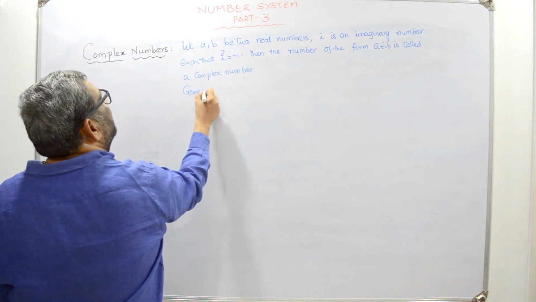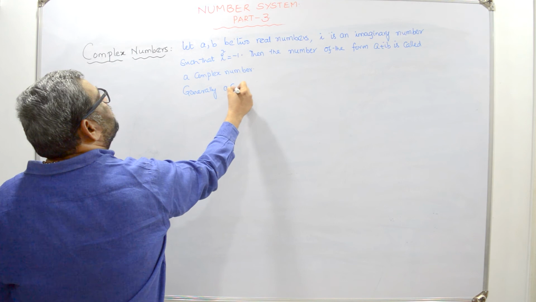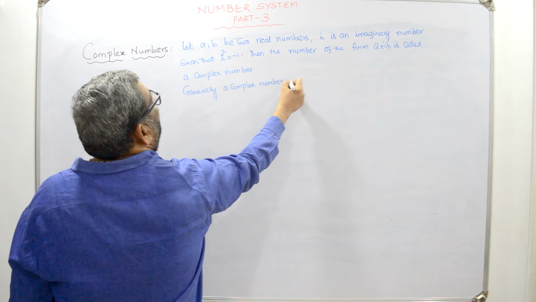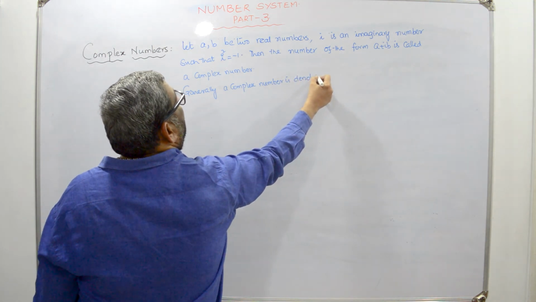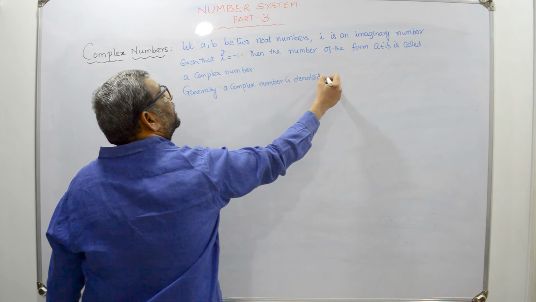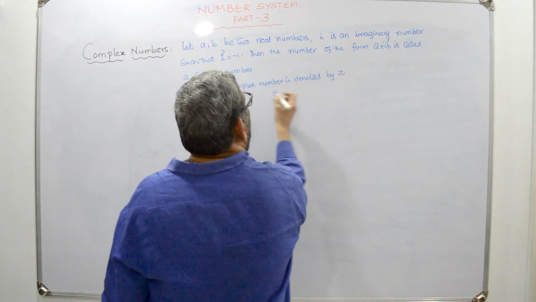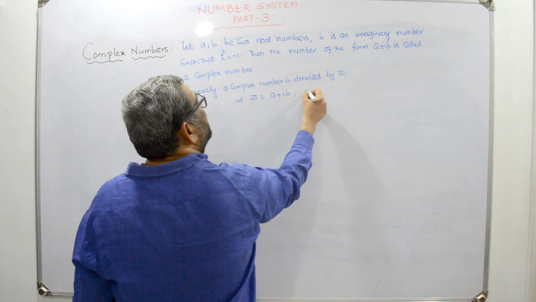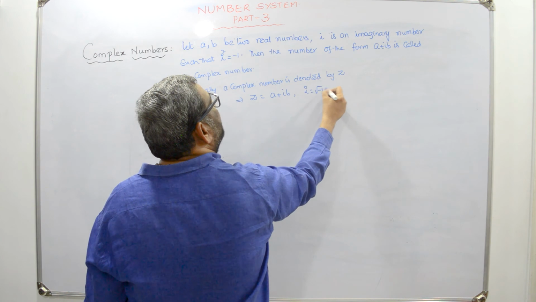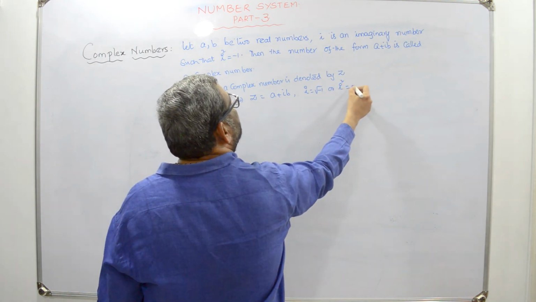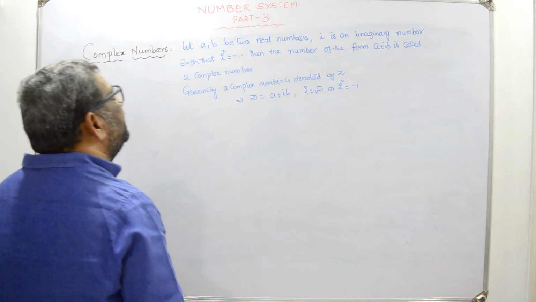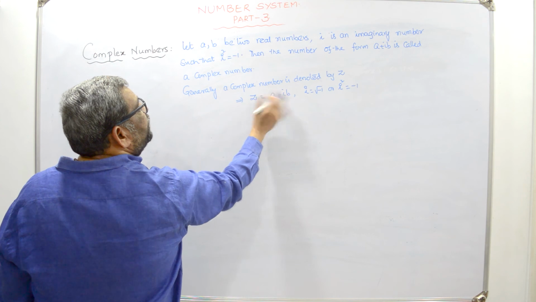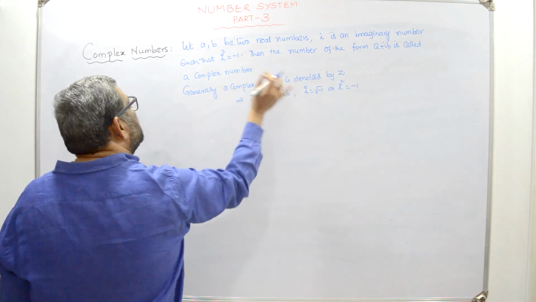Generally, a complex number is denoted by z. So z is equal to a plus ib, where i equals root minus 1, or i square equals minus 1. i is an imaginary number. Here a is the number which is free from i and b is associated with i.